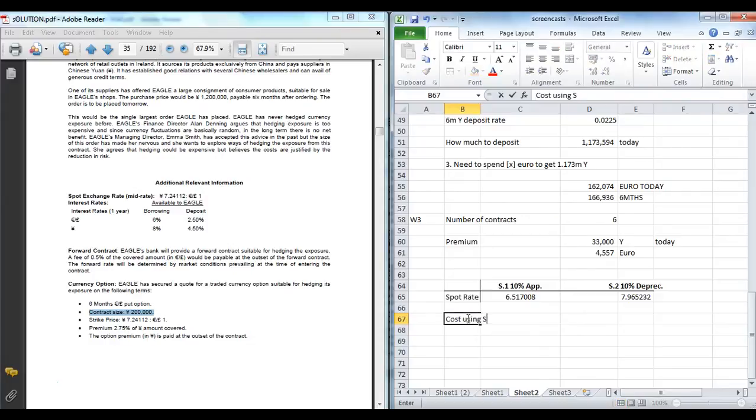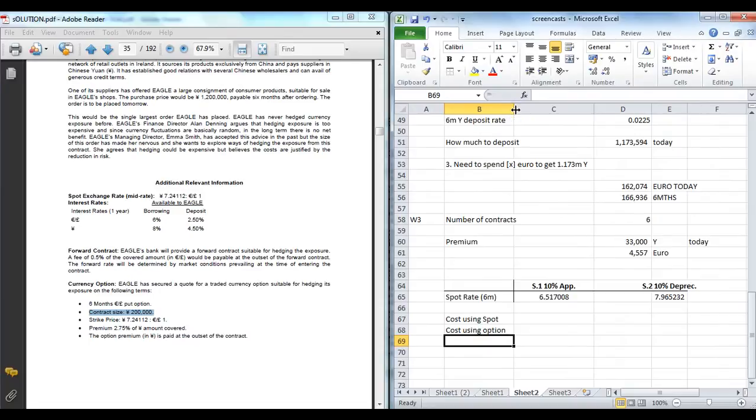Cost using spot, cost using option. And remember, because you have the option, you can take the best of both worlds. You can take which one is more beneficial to you. Some students will be able to pick out straight away which one you'll use the option or which one you'll ignore the option. But for others, it's just as easy to run the numbers and then pick out at the end. So if we use the spot rate, we've done these calculations already.